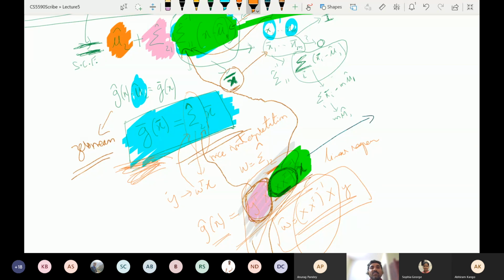So is this close connection between the probabilistic generative model and linear regression very clear to all of you? Yes, sir. Sir, I have a follow-up question. Yeah, sure. Maybe you have not introduced the term, but I'm just curious to relate.